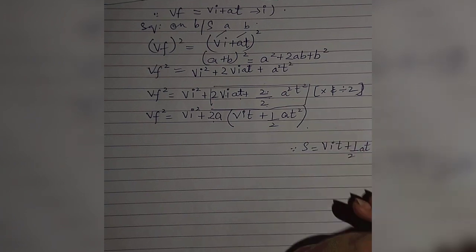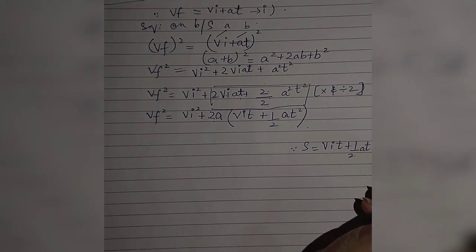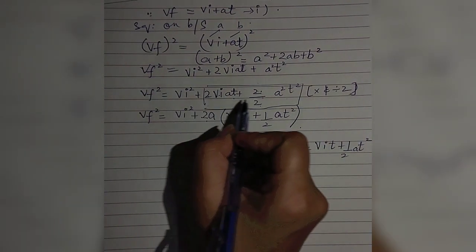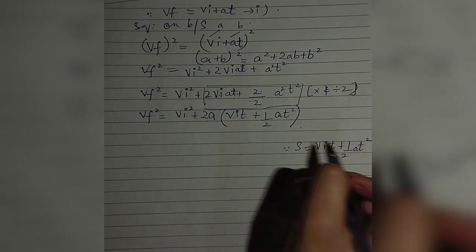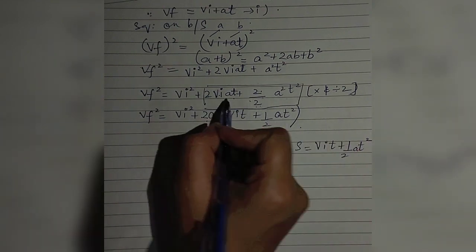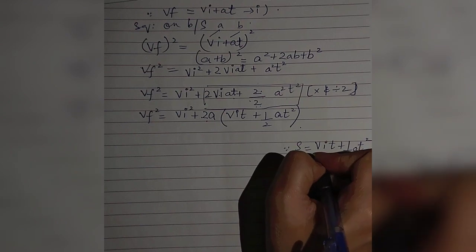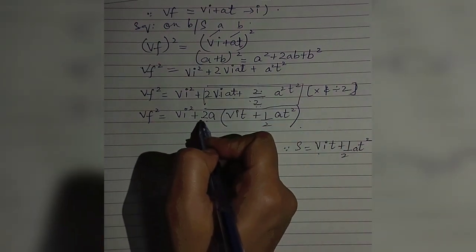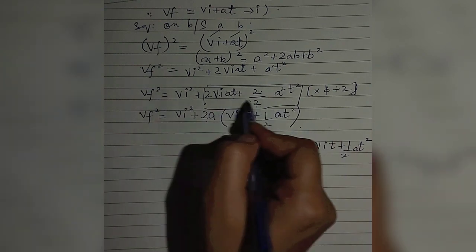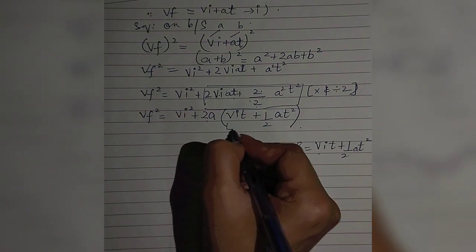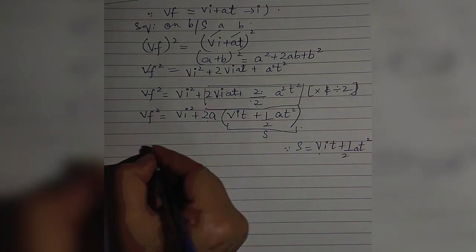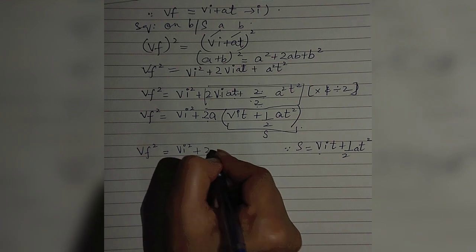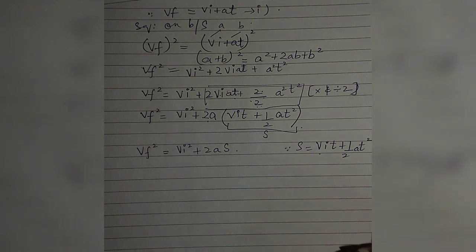So I hope it is all making sense that I divided and multiplied by 2 over here in order to make this expression equal to s. Multiply and divide by 2 over here, then took out the common 2a from here and replaced this now with s. So it becomes Vf squared equals Vi squared plus 2as.